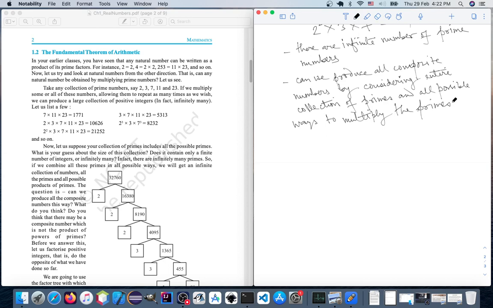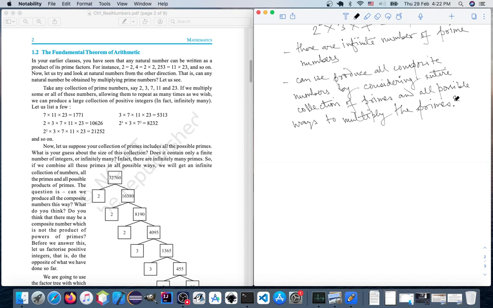So we have the collection of infinite number of prime numbers, and by considering all the possible ways of multiplying some prime numbers, can we generate all the composite numbers? This is the question. What do you think?